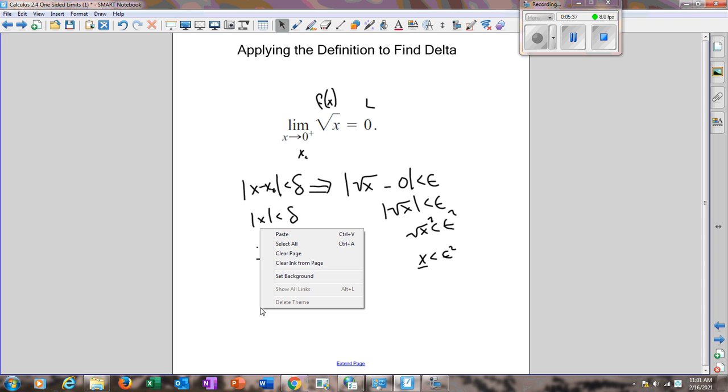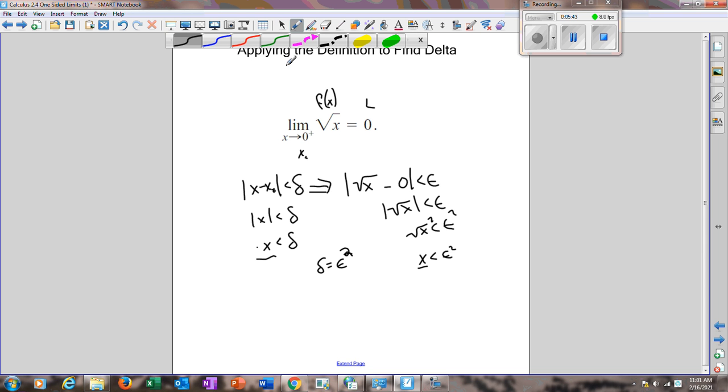And so to finish this out, we have 0, which was our x naught, is less than x, is less than epsilon squared, or delta.